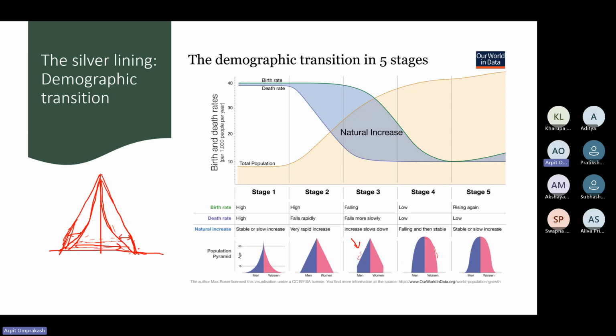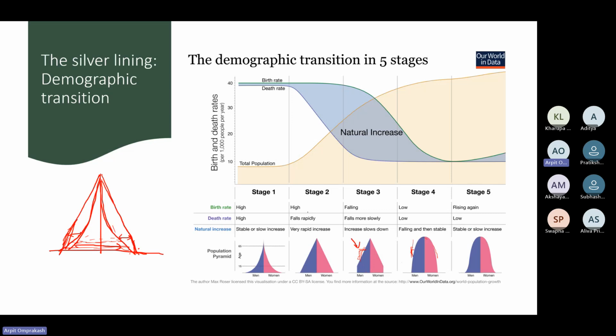Not a lot of people are dying as they grow old, whereas before a lot of people used to die. And eventually, the birth rate will slowly rise, but the death rate will still be low, and there'll be a very stable population.